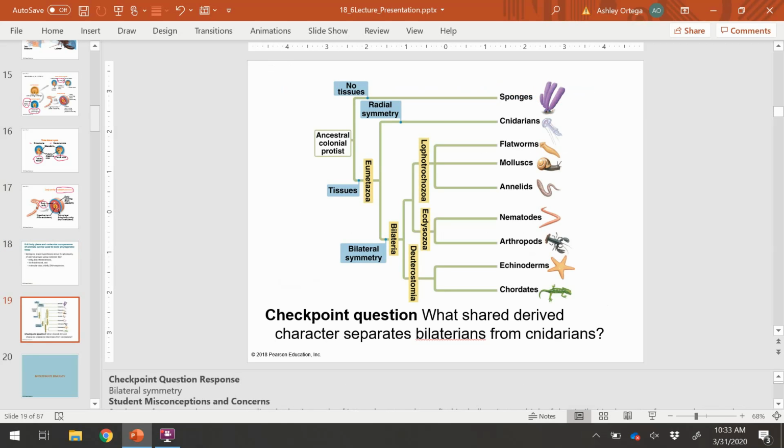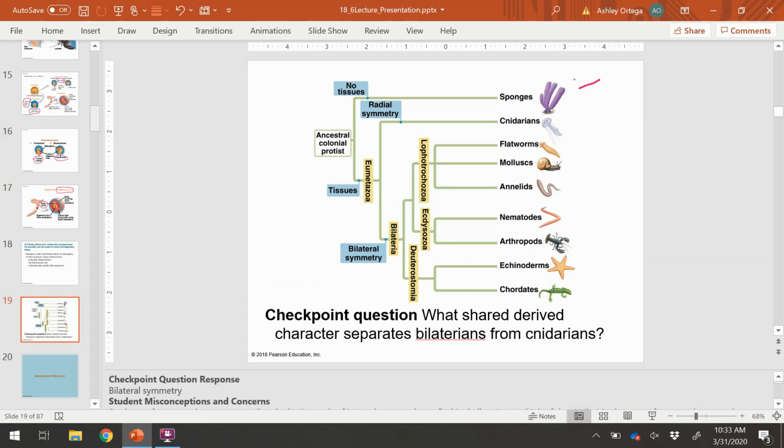And so if you start at the beginning, there's ancestral colonial protists. So this is, you remember, the tiny eukaryotes that we saw in chapter 4. So that was the ancestor that then eventually adapted no tissues to become what we know as the sponges here.